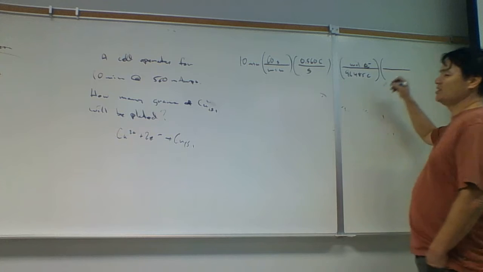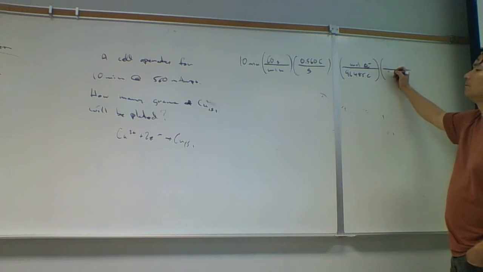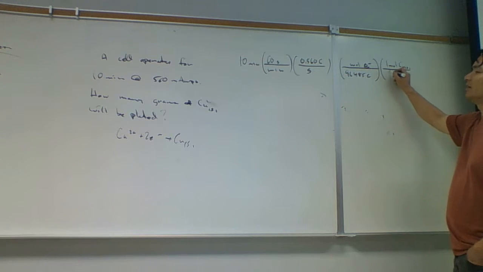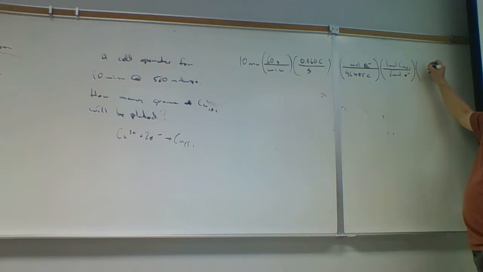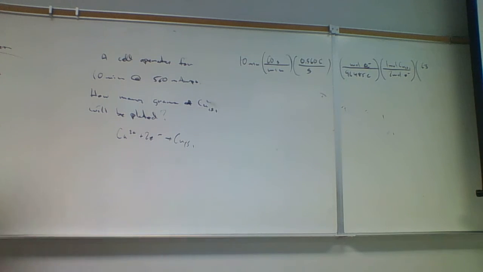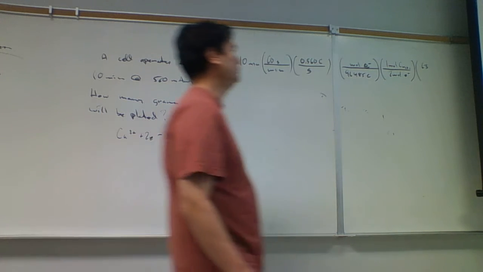And then we know that there is 1 mole of copper plated for every 2 moles of electrons. And then we know that copper weighs 63.55 grams per mole.